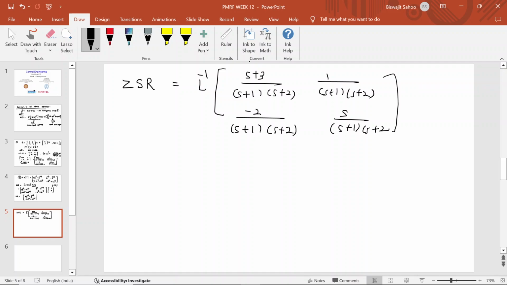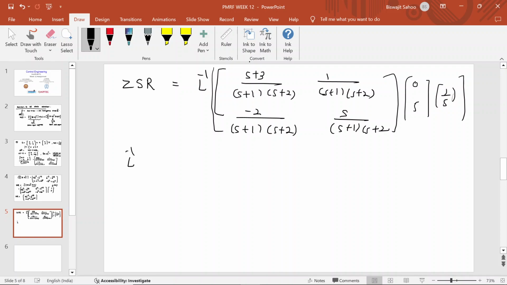This term we have to multiply with B and U of s. B is nothing but 0 and 5, given to you. This is the B matrix. And U of s is the unit step, so this is multiplied with 1 by s. Just multiply all and take the L inverse.